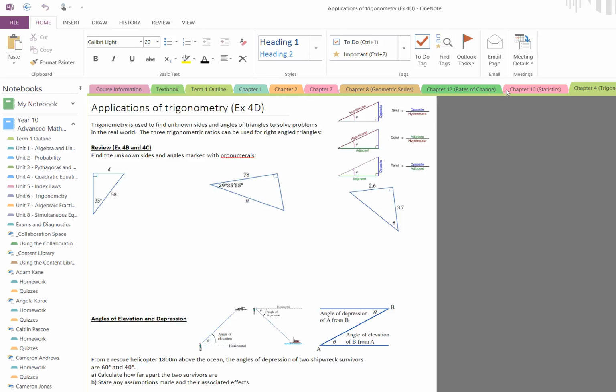Alright, so starting with applications of trig. We'll remember that trig can be used to find unknown sides and angles of triangles to solve problems in the real world. We have three trigonometric ratios which can be used, but only for right angles. So sine, cosine, and tan.